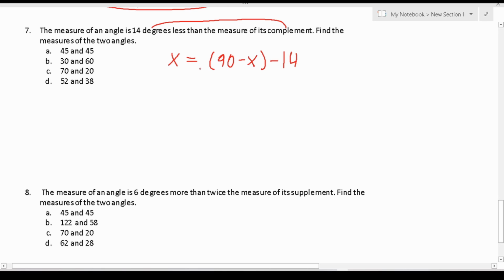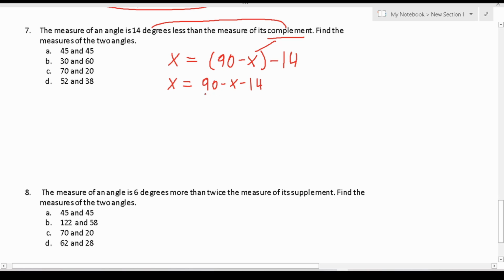Okay, so in light of that, you can see we're just solving for x now. And that means let's go ahead and simplify this. These parentheses really don't do anything other than to illustrate that this is the complement of x. So this is 90 minus x minus 14.